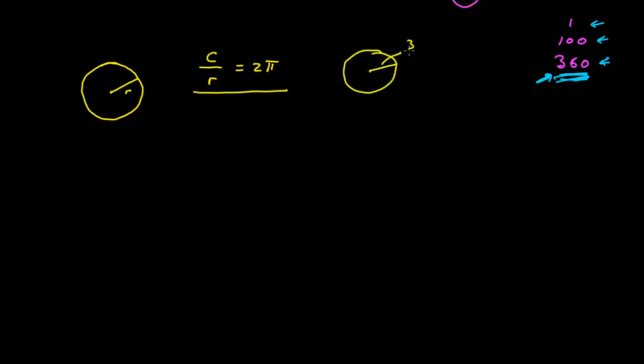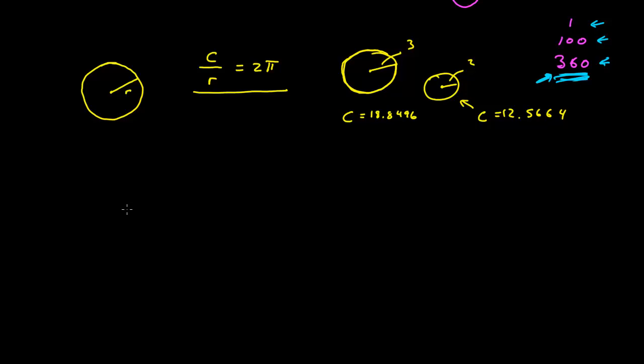This has a radius of 3. This one has a radius of 2. If I measured very carefully the distance all the way around, this circumference would be, say, 18.8496, and this circumference would be 12.5664. I'm going to do this kind of pedantically, but I think it will eliminate any mystery of where radians come from.